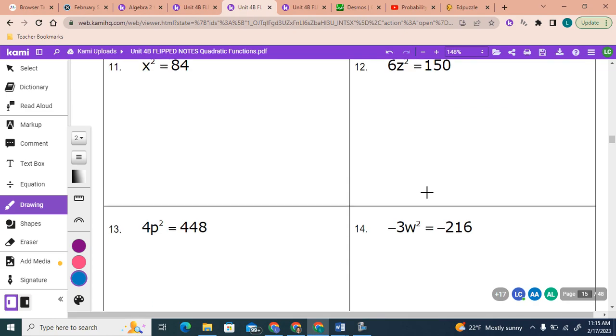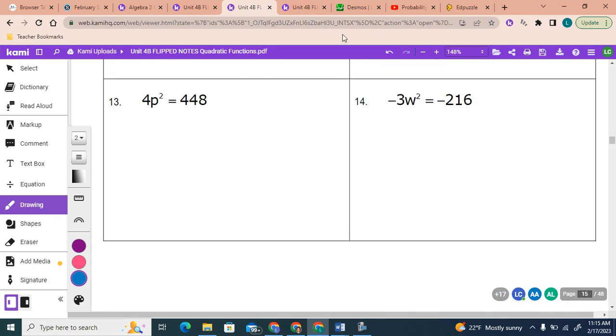Okay, one more, and then you guys are going to finish evens. Let's look at number 14. How do we start number 14? Divide the negative 3. Good. W squared equals 72.